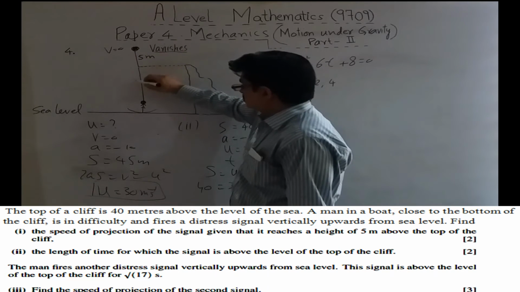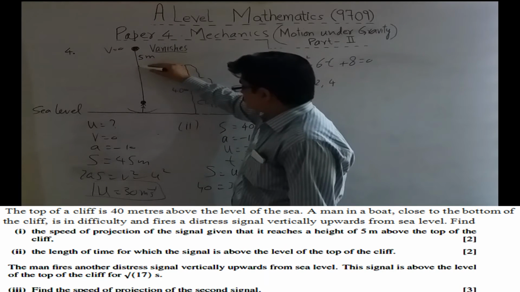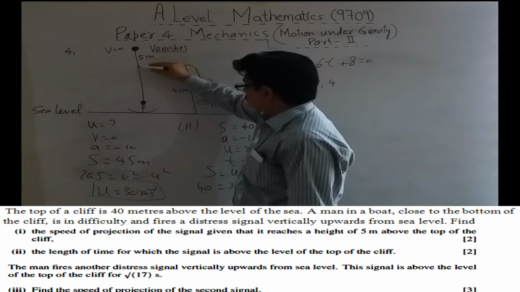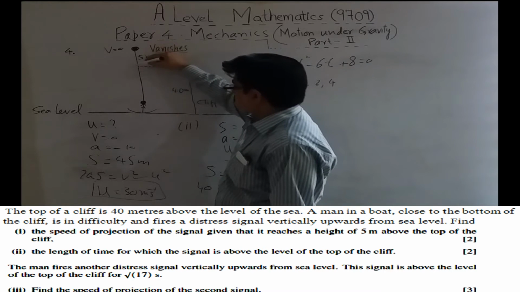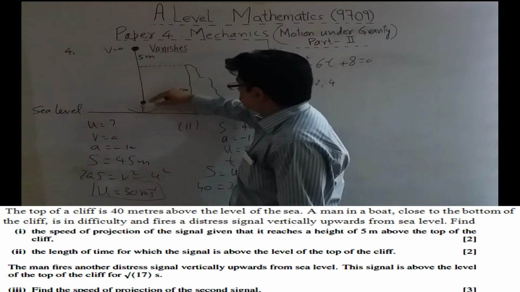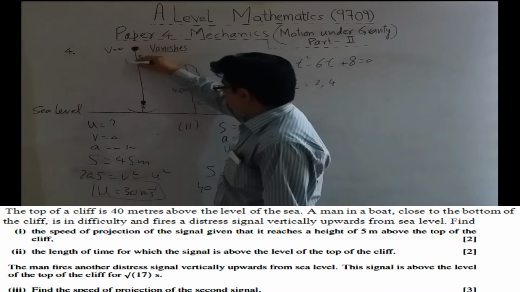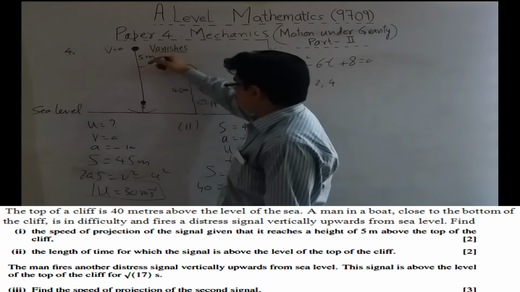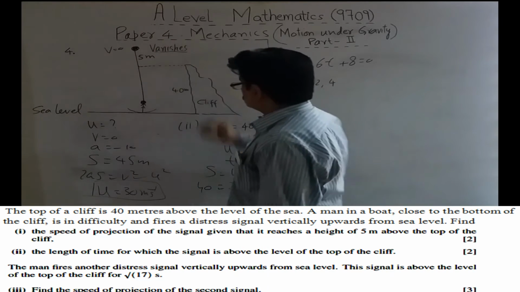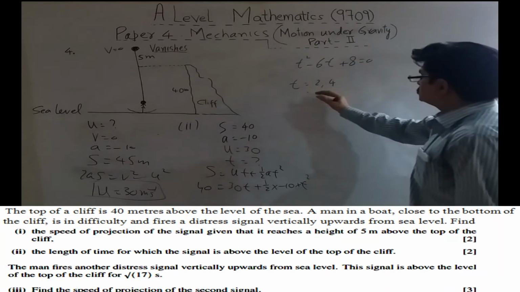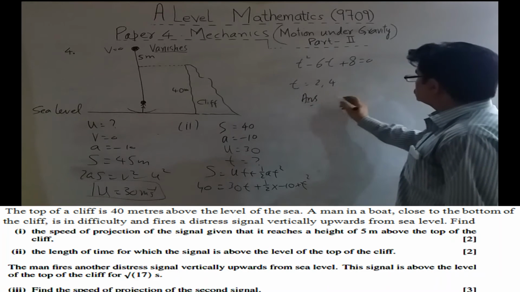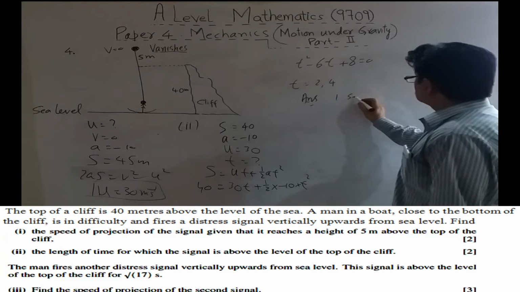So it means that it takes 2 seconds from this to this point, and then it takes 1 second to reach from this to this point. So from here this is 2 seconds, then this is 3 seconds, and if it comes then it becomes 4 seconds, but it doesn't come. So after this it only goes up for 1 second. So your answer is 1 second.